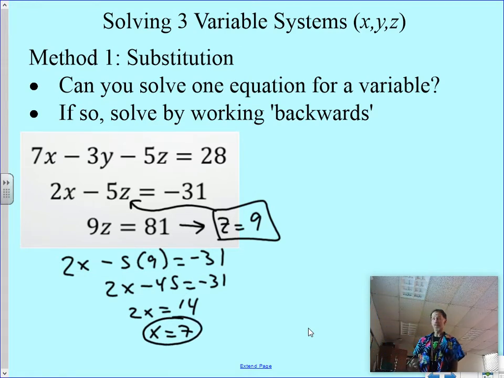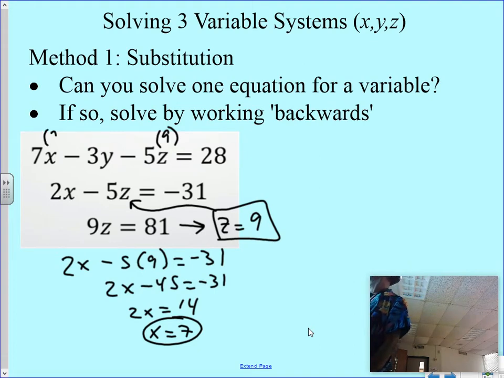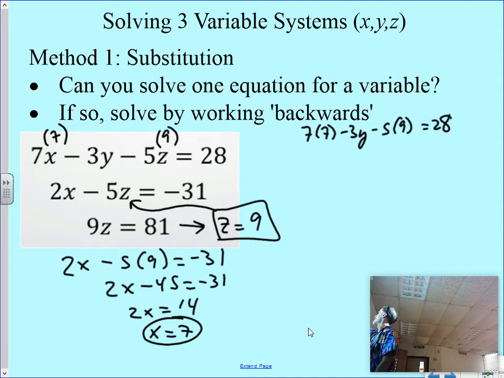But we still have to find the y. We're not done yet. Since I know z and I know x, now I can go to the top equation, put in the z and the x, and use that top equation to find out what y is. So I've got 7 times 7 minus 3y minus 5 times 9 equals 28.